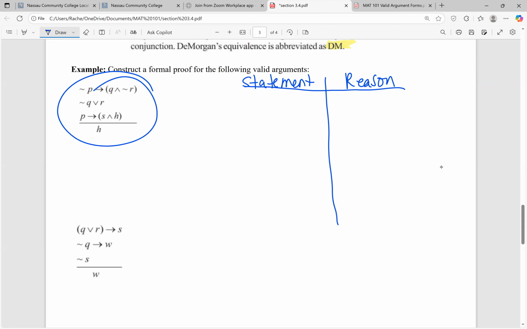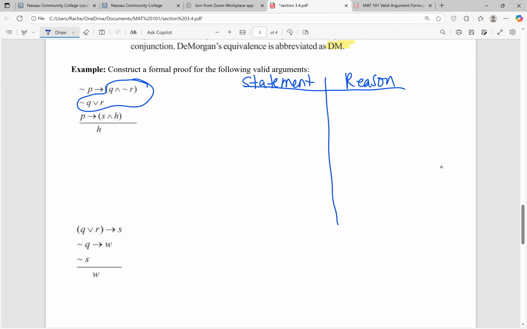So let's look at what we got here. So we have a conditional statement, an or statement, and then another conditional statement. And I'm trying to see if there's some sort of relationship between maybe the left or right-hand side of a conditional with one of my other premises. And I kind of see something similar, like my eyes are being drawn to this, right?